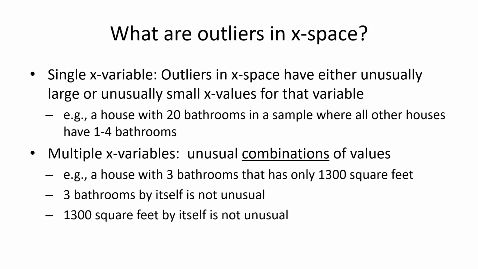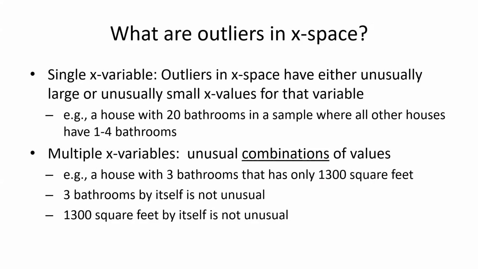It might not be wrong because maybe you're sampling in London and you've got Windsor Castle, but it's definitely something that surprises you. When you have more than one X variable, it doesn't necessarily mean that high leverage corresponds to a high value in any one dimension. It could be an unusual combination of values.